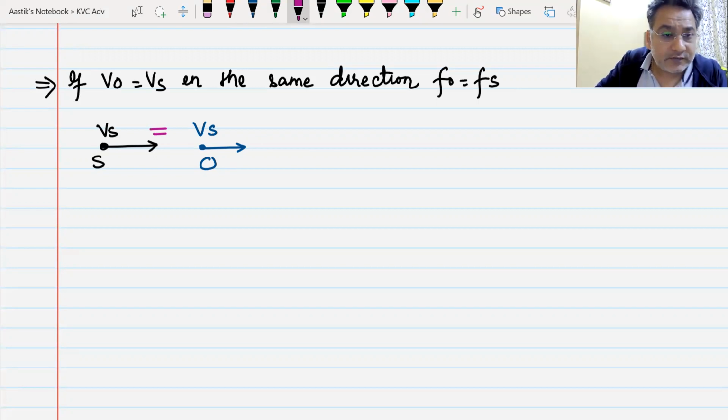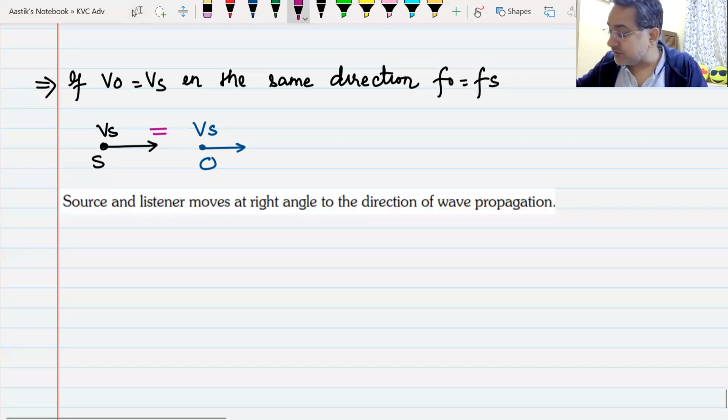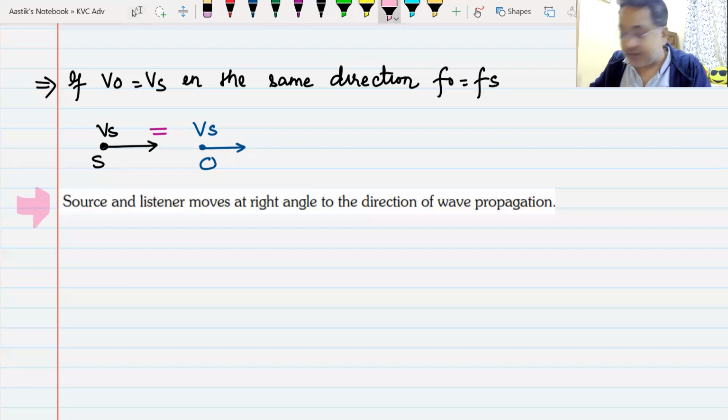Also, if the source and the listener move at right angles to each other, there will not be any Doppler effect. That is the next point that you can write. What does that mean?